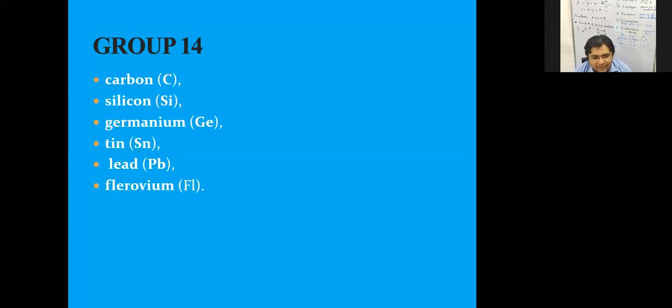Group 14, carbon family. The way to remember this: chemistry sir gives standard problems. You will not have the last element in the trick. Mnemonic: chemistry sir gives standard problems. Carbon, silicon, germanium, tin, lead, flerovium.